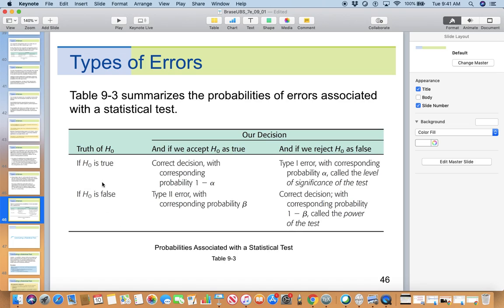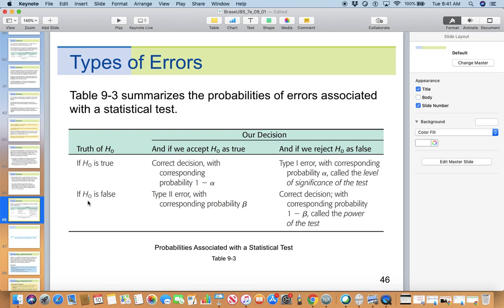Here is a summary. H naught is true, and if we accept H naught as true, this is a correct decision. The corresponding probability is 1 minus alpha. H naught is true, but we reject H naught. This is called type 1 error. Its probability is alpha, which is the level of significance.